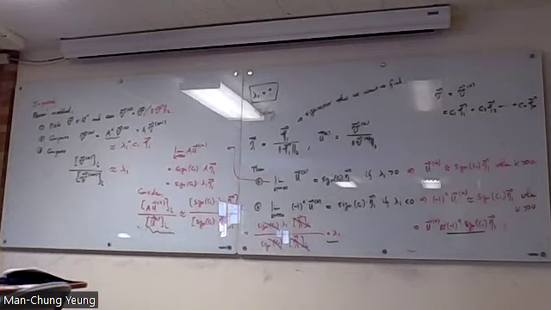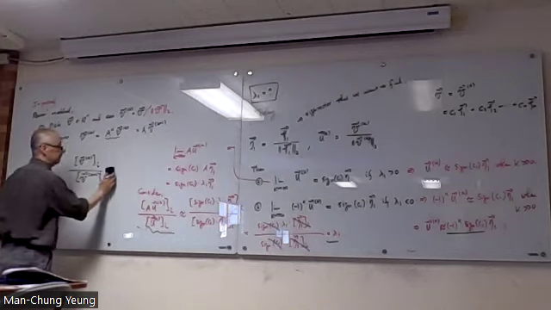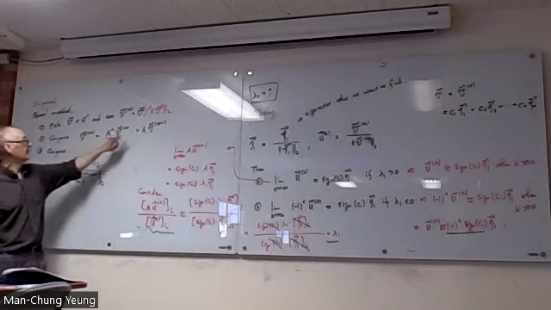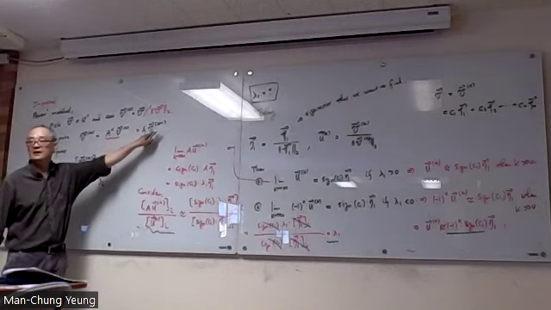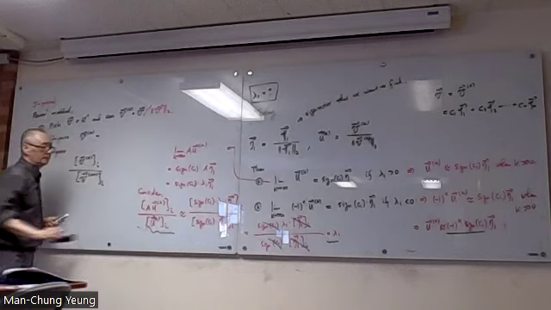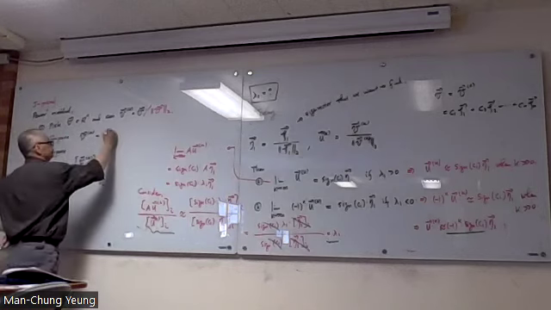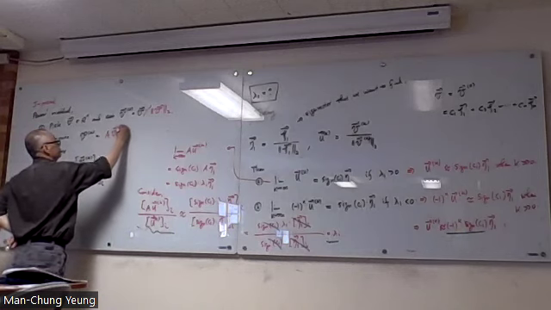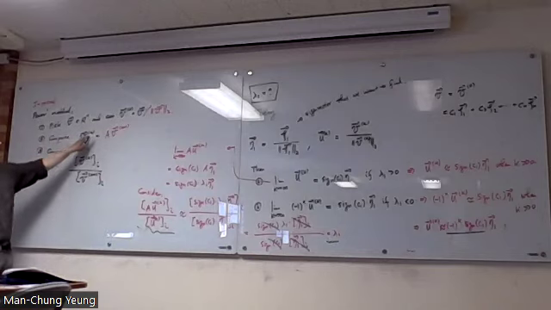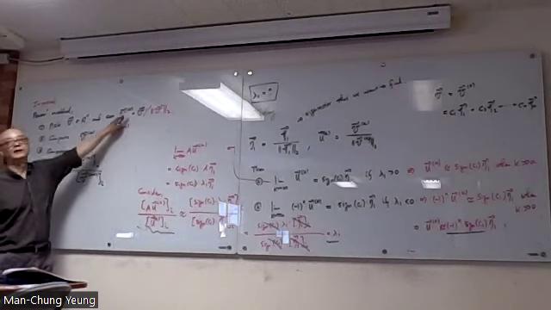Now compare what? Compare this: v k is A times v k minus 1. When k is 1, then v1 is A times v0.